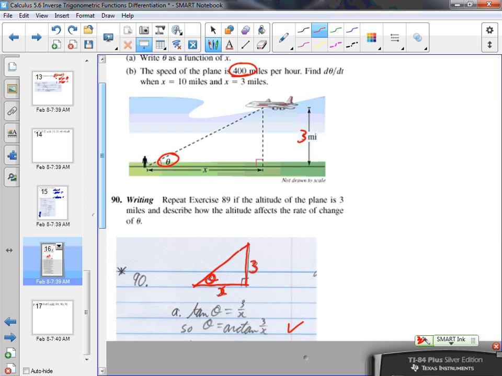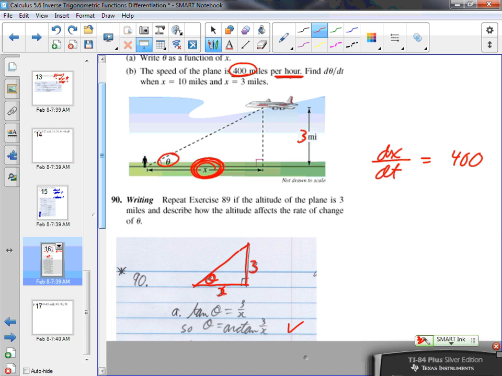Does theta give us the position? X does. X is the distance from the observer to the plane horizontally. So when they tell us the speed of the plane is 400 miles per hour, they're telling us that the rate of change of x with respect to time is 400.